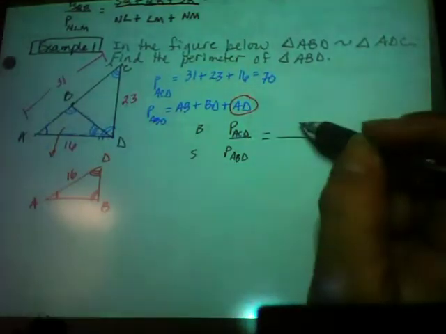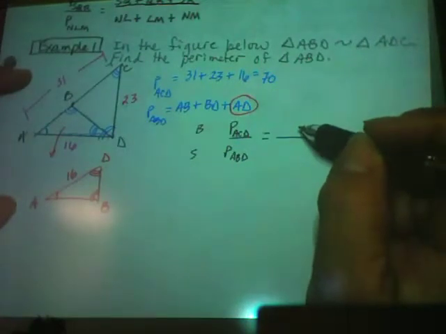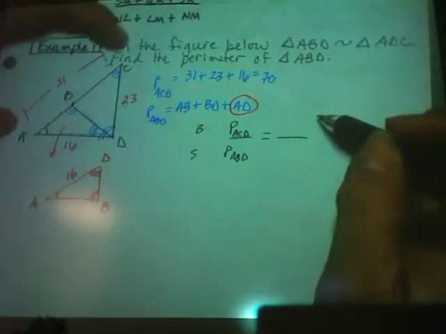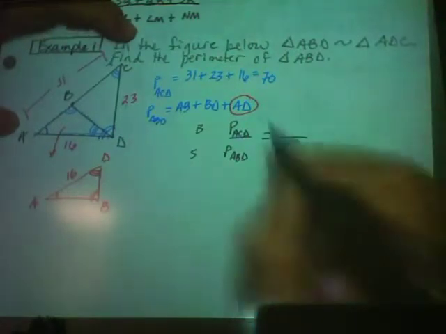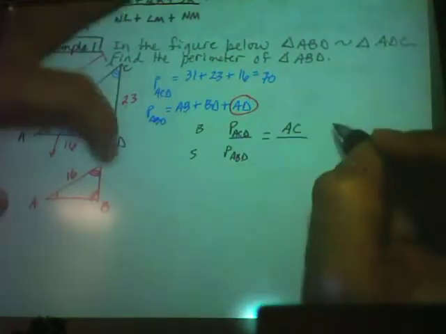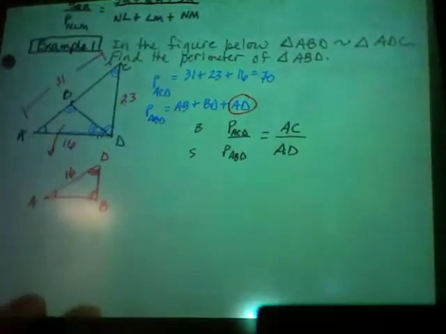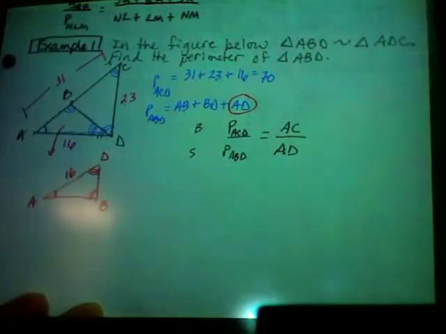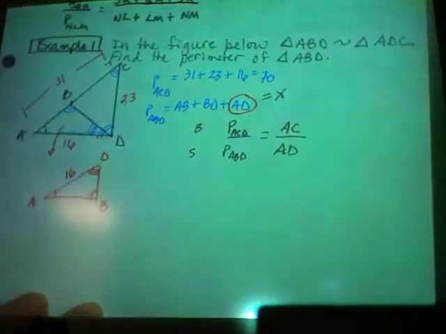What goes up here for my two corresponding sides? Where does AC go? Does it go top or bottom? Top, because it's big. So AC goes here. Its corresponding side on the small triangle is AD. So I'm going to fill in those. I'm going to let my perimeter here equal X for right now.